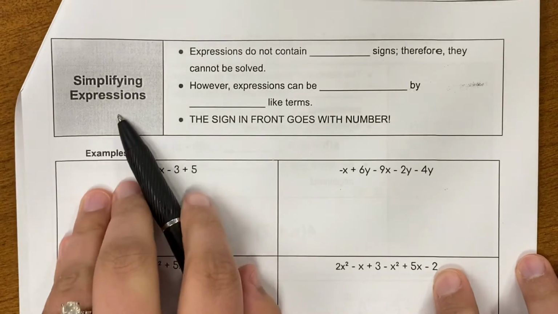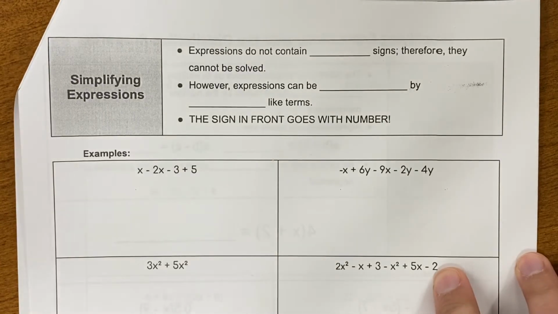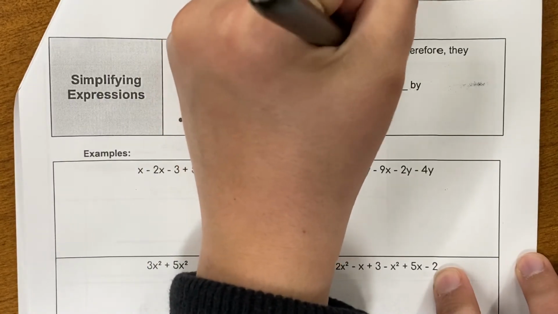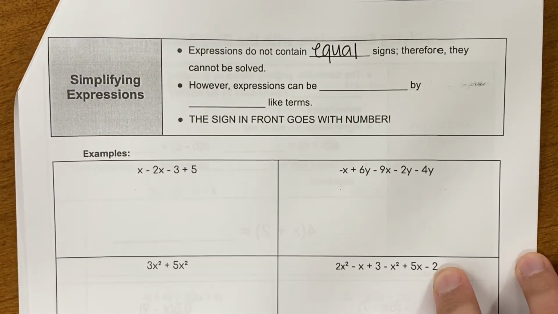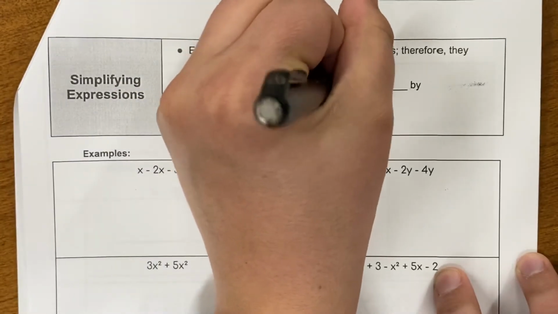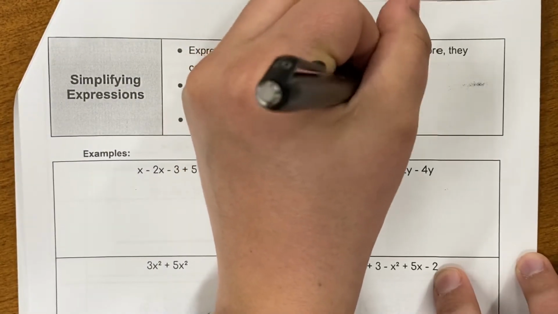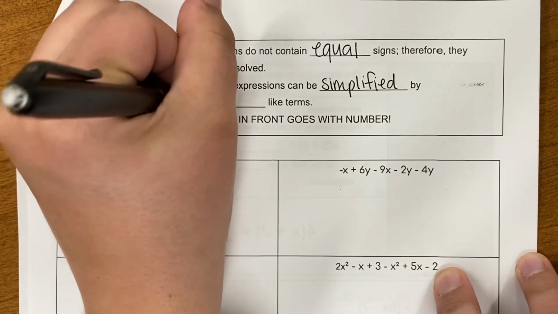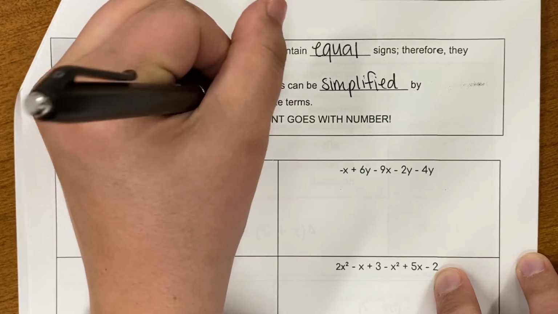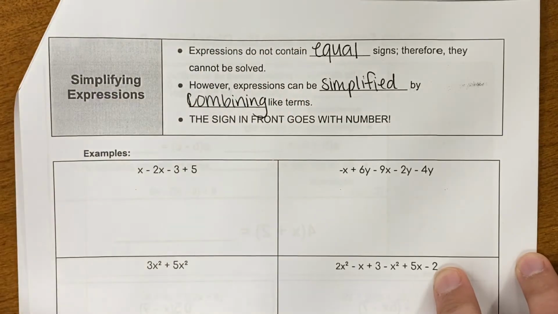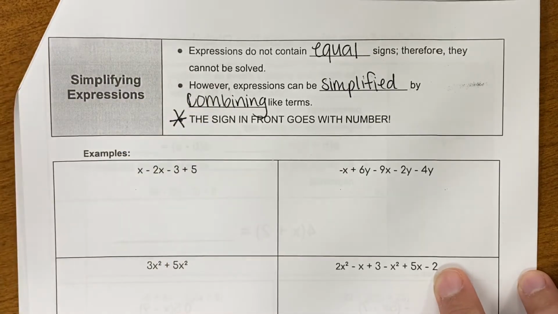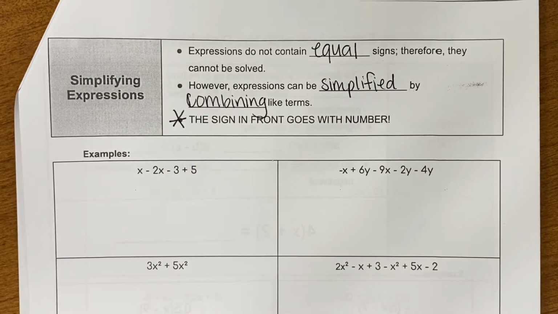Next, let's get into simplifying expressions. Expressions do not contain equal signs. Therefore, they cannot be solved. However, expressions can be simplified by combining like terms. Something important to remember, the sign in front goes with the number.